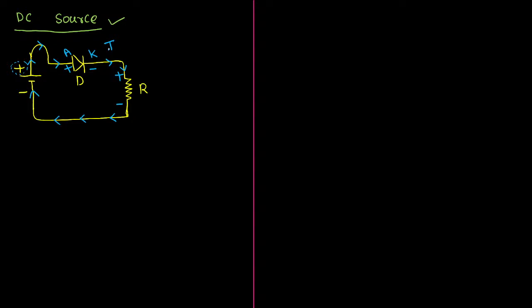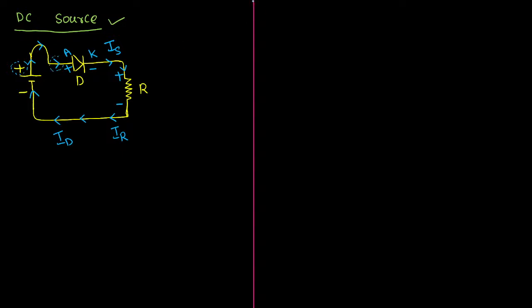Now let me call this current either the source current, or IR, that is the current flowing through the resistor, or ID, the diode current. Now what will happen? Simply, you can observe that nothing will happen the moment you try to inject the supply voltage. So basically here we need a switch. Let us assume there is one switch, and that switch is closed at t equal to 0.